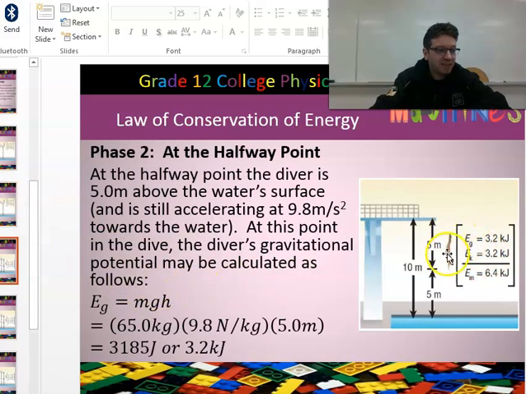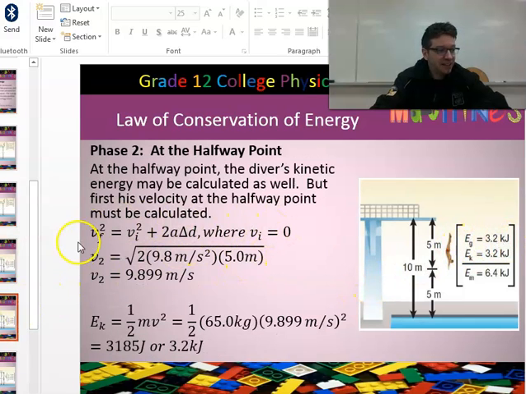Then, sometime later, that person has fallen halfway to the pool. Now you can easily calculate gravitational potential energy because we know the person's mass and the person's height. And we know they're on Earth as well. So we know gravitational potential. Kinetic energy you can calculate using our equations of motion.